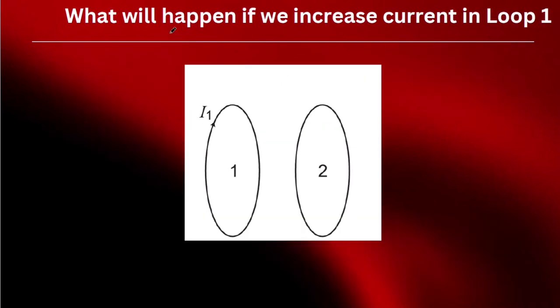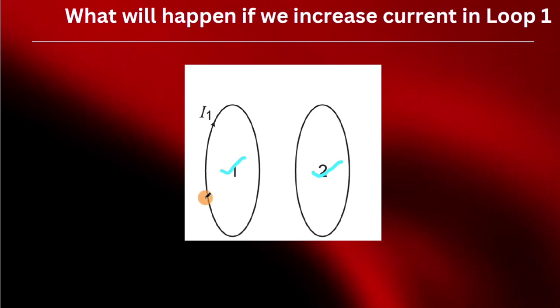Now what will happen if we increase the current in loop 1? There are two loops, number 1 and number 2, and current I1 is flowing. If this current is steadily flowing, then there is no change in this loop.